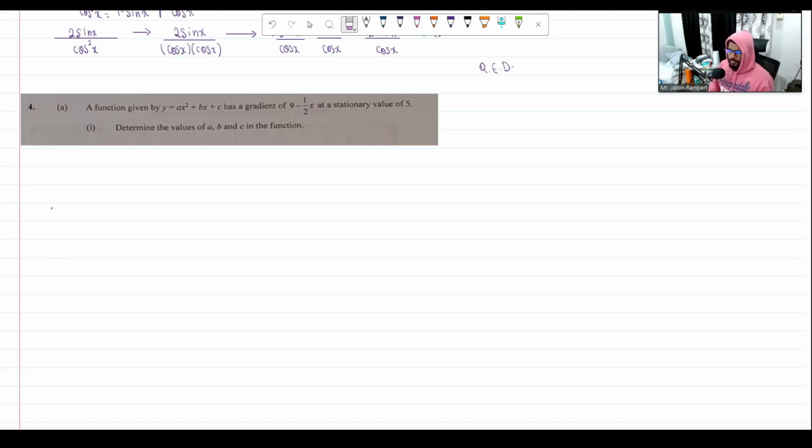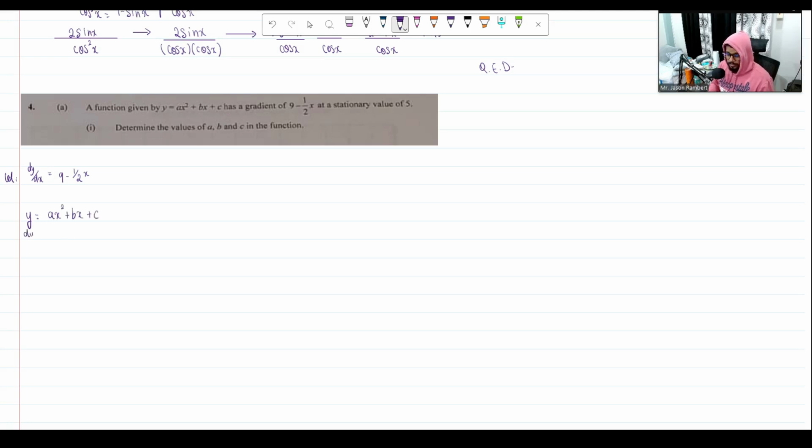Okay. So, I'm going to let dy/dx be equal to 9 minus a half x. That's dy/dx. I'm going to say y is equal to ax squared plus bx plus c.